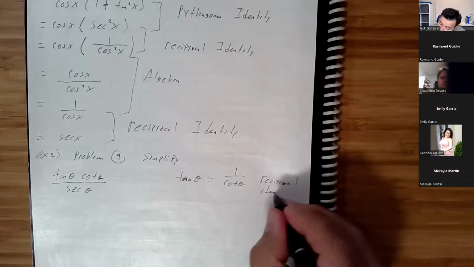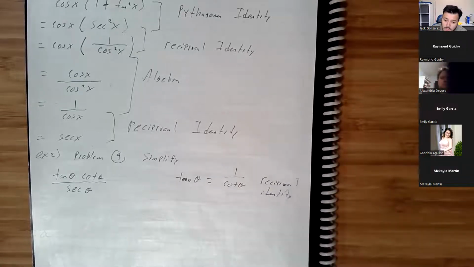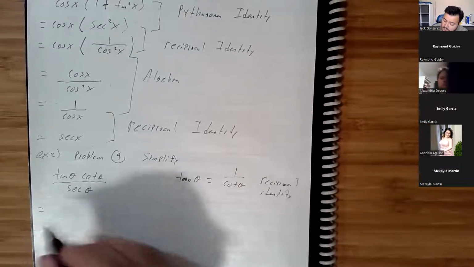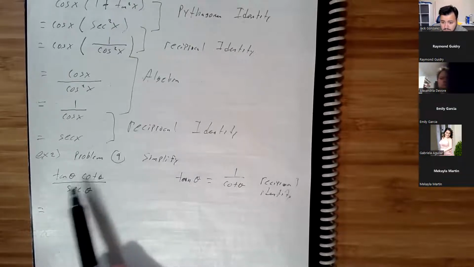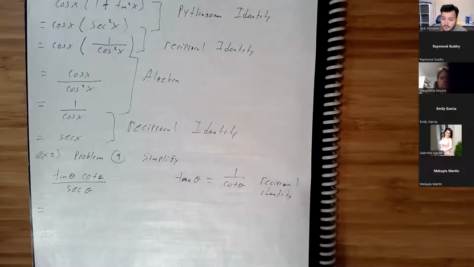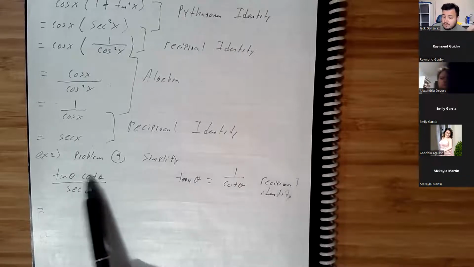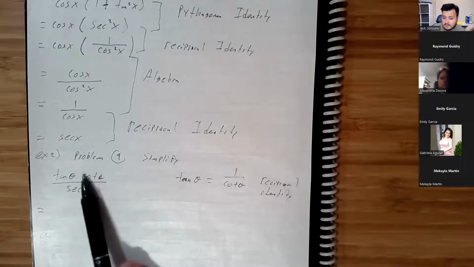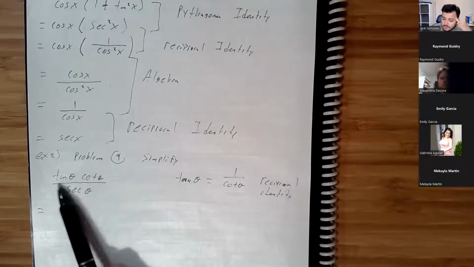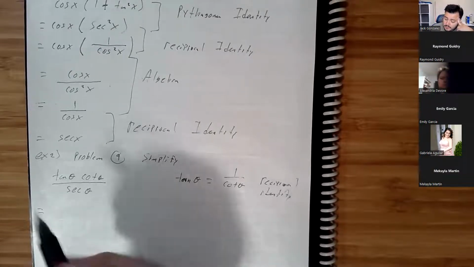That's the reciprocal identity, which means that at the top you have a reciprocal being multiplied. When you multiply two reciprocals, they always cancel, right? If you have, for example, 2 times a half, that's a 1. This is basically the same thing. This is like your 2, and that's like your 1/2. They're reciprocals, therefore they cancel.